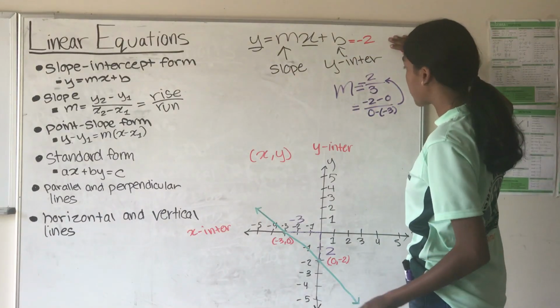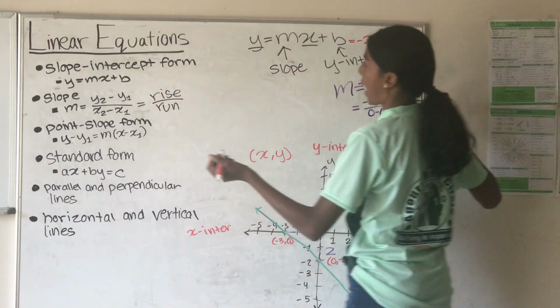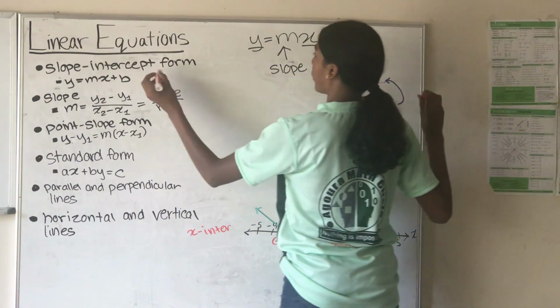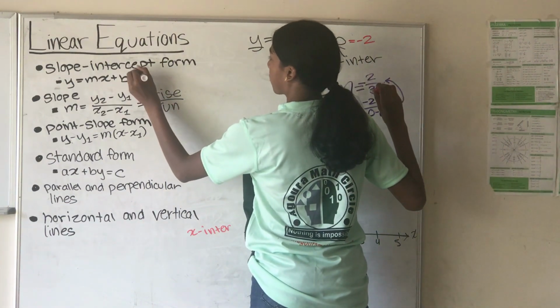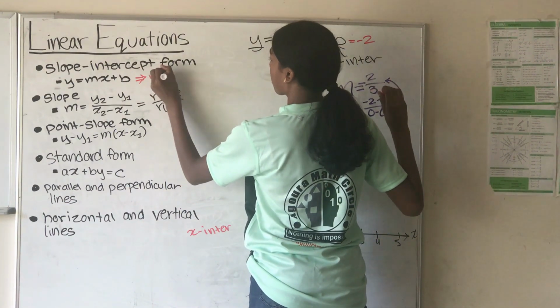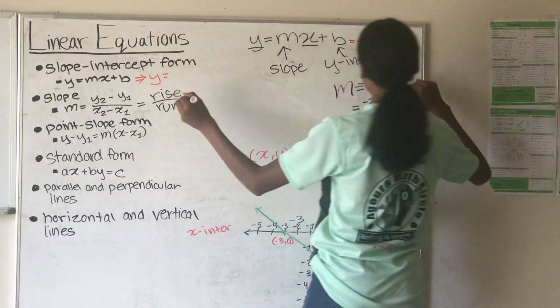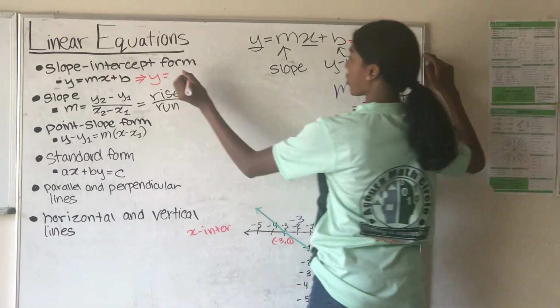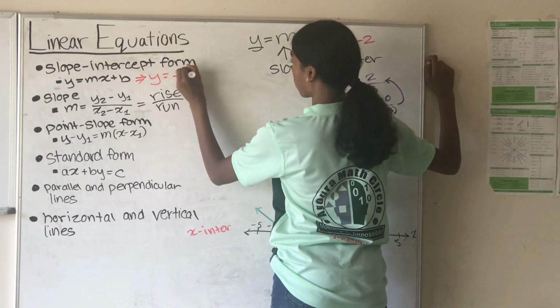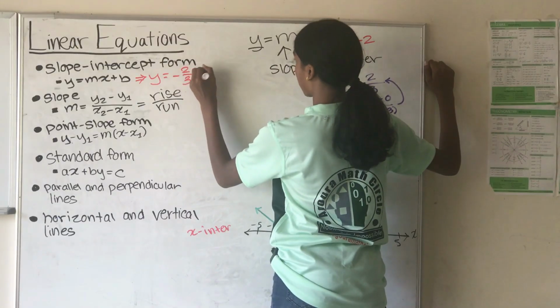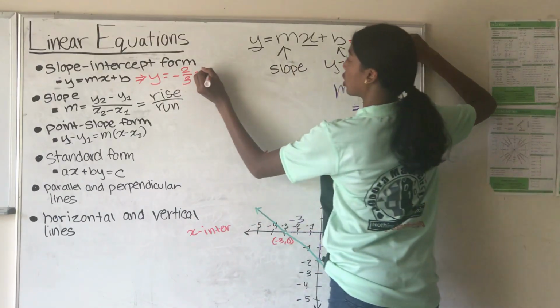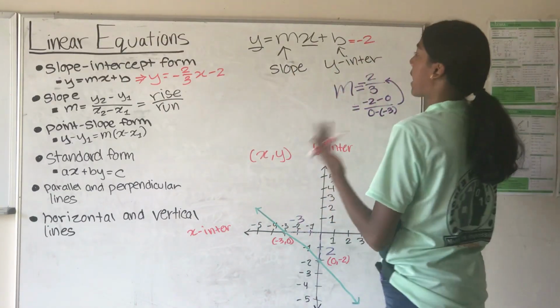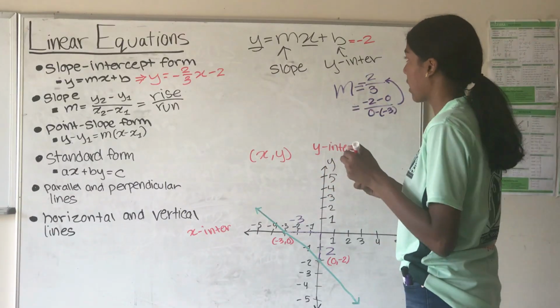Writing this in slope-intercept form, we get, I'm going to write it here, y equals, our slope is going to be -2/3, -2/3 x minus 2, or plus -2, which gives us -2.